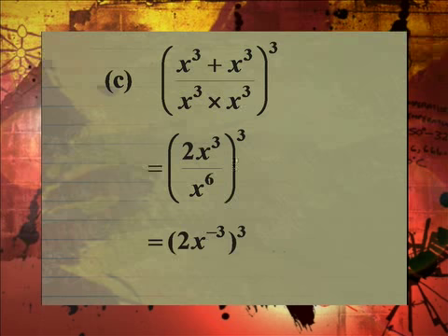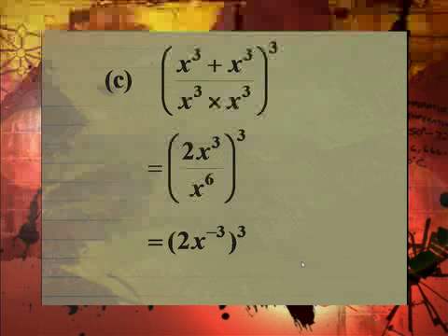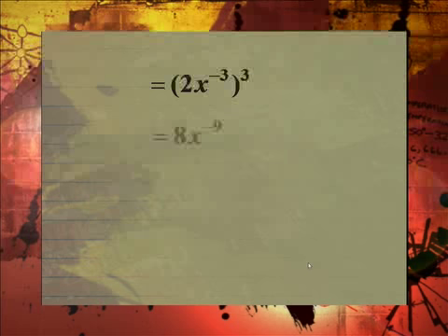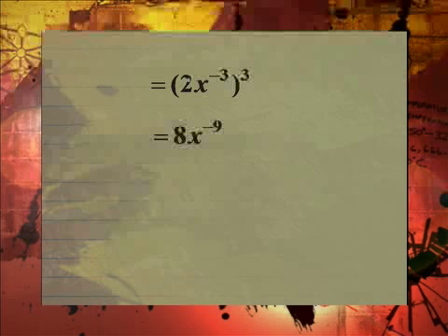Then do your sharing part. So you have this. Firstly here, I divided x cubed by x to 6. I got that. Now I multiply my exponents, but don't forget the sharing part, this 2 gets the 3 as well. 2 cubed is 8. Now negative 3 times 3 is negative 9.